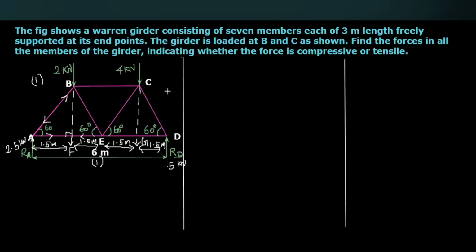Now consider the next section line, that means like this. This section line cuts the members CD and ED. As we discussed in the previous section line, this section line separates the frame into two portions.